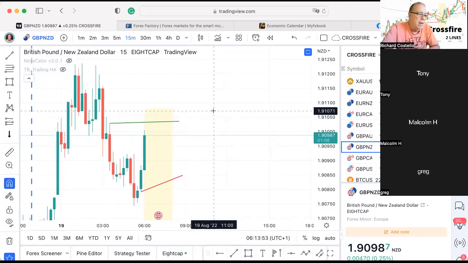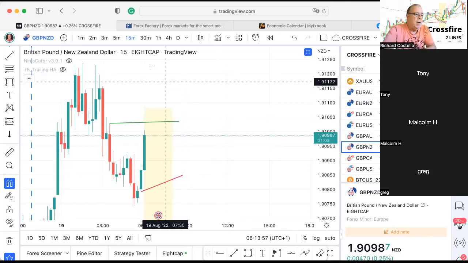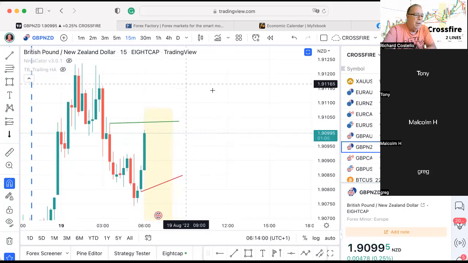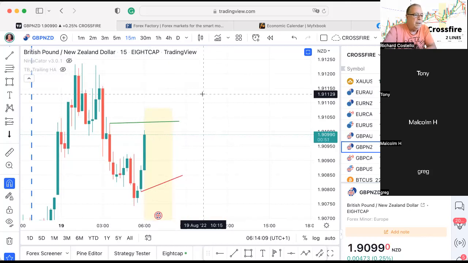Might be a slight time lag as well. The reason I'm using 8-cap is I use them as my broker anyway, so this matches my broker feed better than all the others. It's always best to go with a broker feed that matches your broker if it's available.